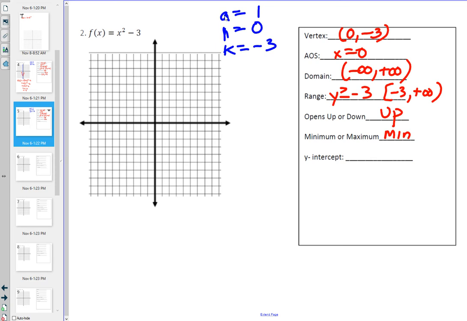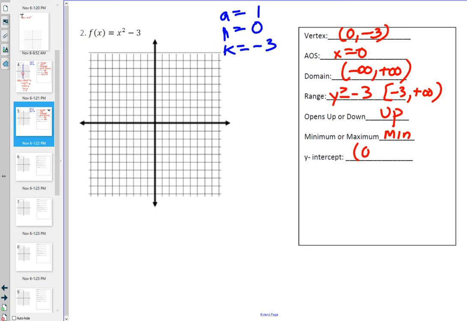And do we know the y-intercept? We actually do. Remember I was telling you that there are those rare instances where it is possible that your vertex is the same as your y-intercept. It is actually one of them. Remember, the y-intercept is the value of y when x is 0.